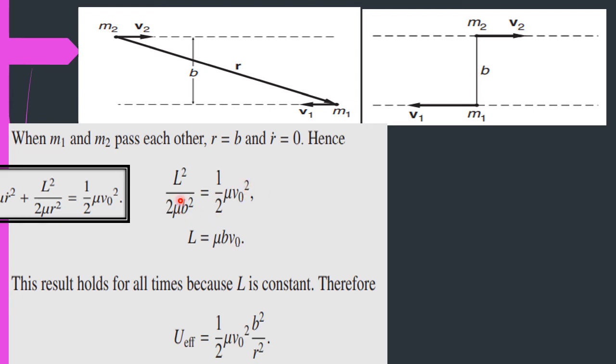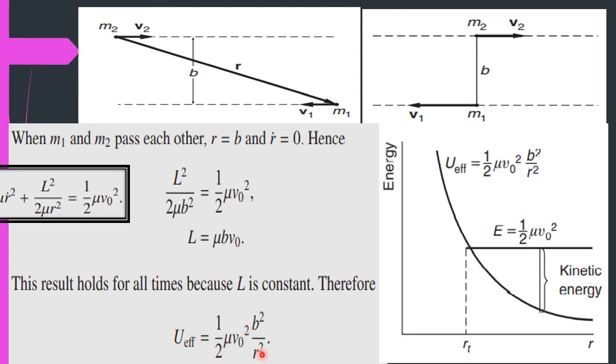From this equation, the angular momentum L is equal to mu b v0, which is a constant, since L is a constant for all times. Therefore our effective potential is this term. So we substitute for L as mu b v0. So U effective is equal to half mu v0 square b square by r square.